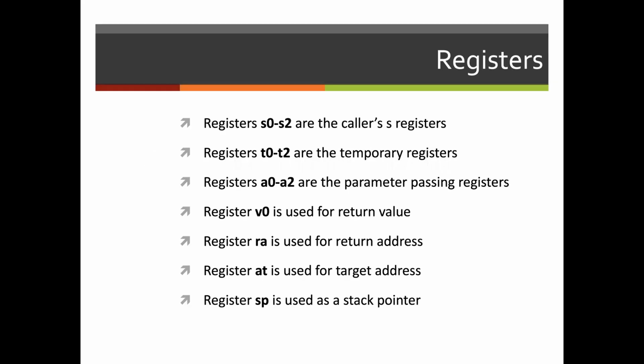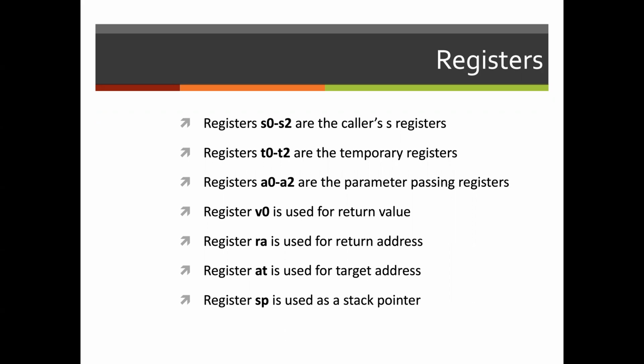You will previously recall that we have a variety of registers available for key components of our applications. These registers include our S registers, which represent our caller registers. We have our temporary registers.